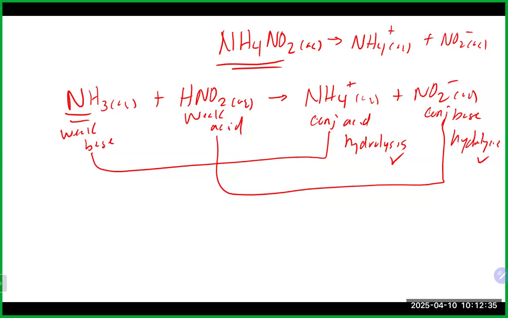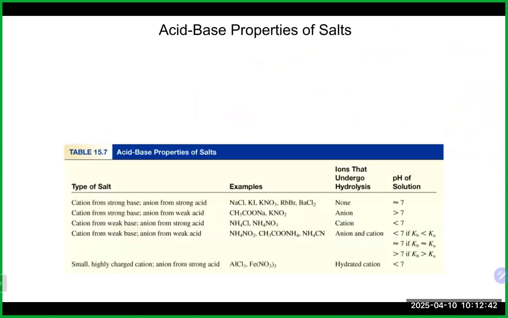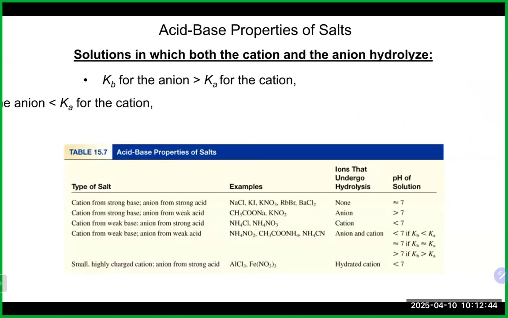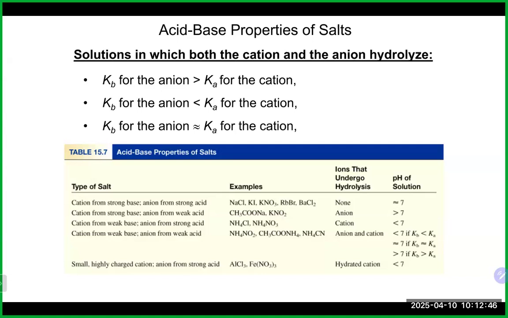So in a situation like this, where you come across a salt where both parts will go through hydrolysis, what we actually do is compare the Ka value to the Kb value. So we compare the Kb value for the anion to the Ka value for the cation, the positive guy.